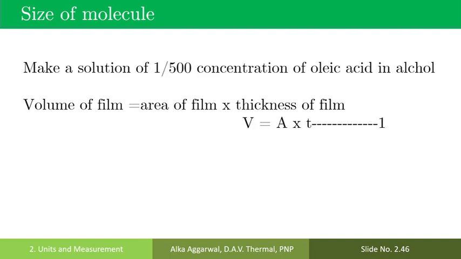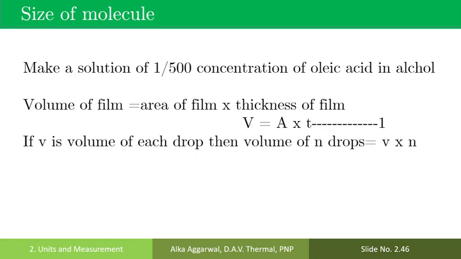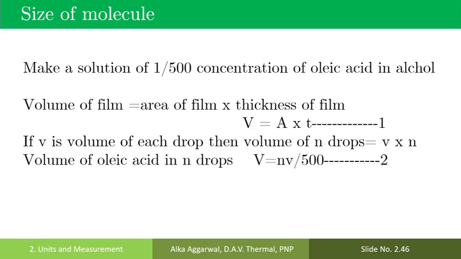Therefore, the volume of the film is equal to A into T. If v is volume of each drop, then volume of n drops is equal to n into v. Volume of oleic acid in n drops is equal to nv upon 500.